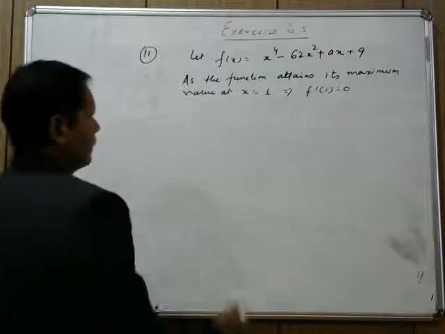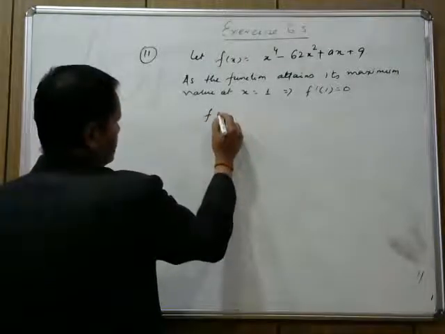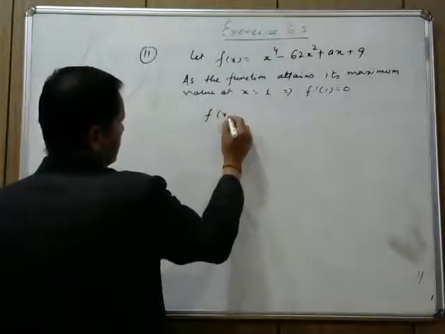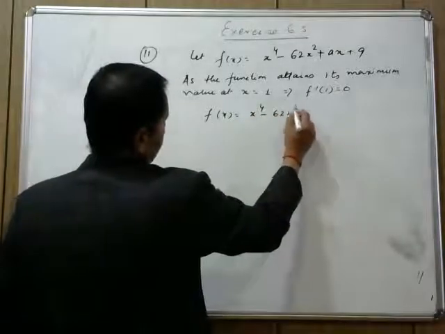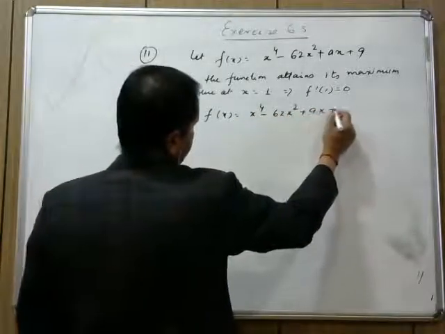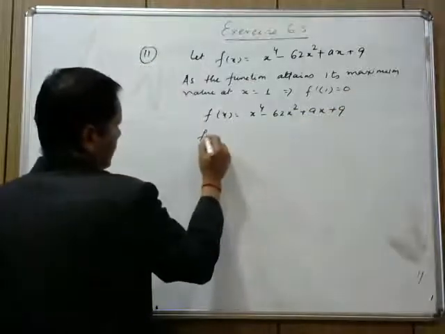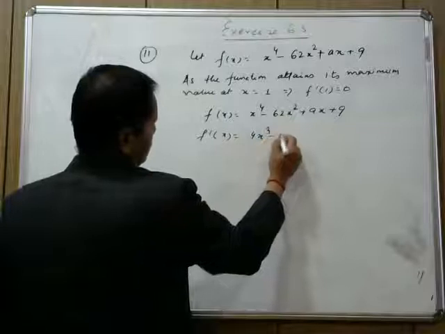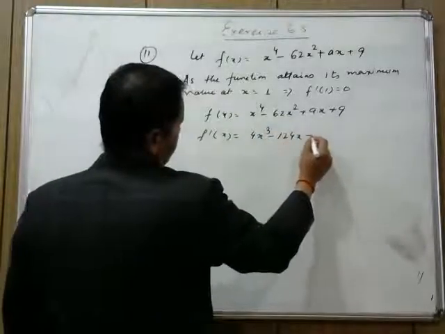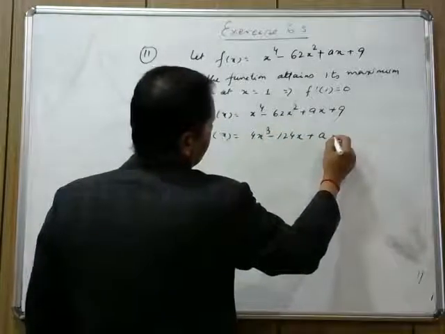Now, f of x is given as x to the power 4 minus 62x square plus ax plus 9. Therefore, f dash of x will be 4x cube minus 124x plus a.